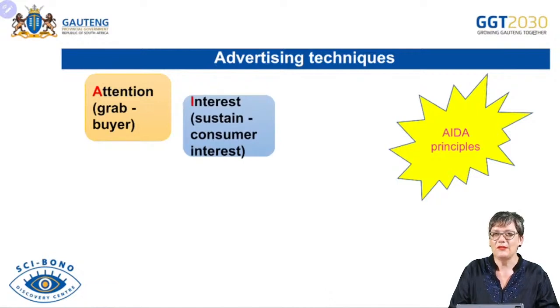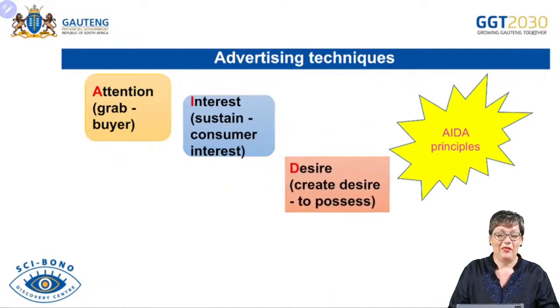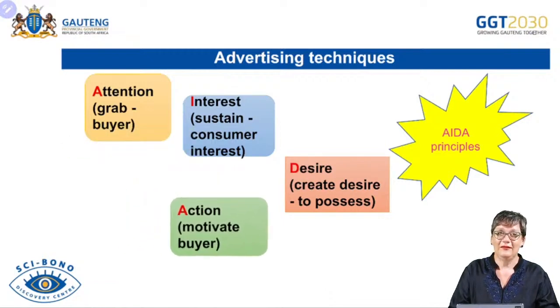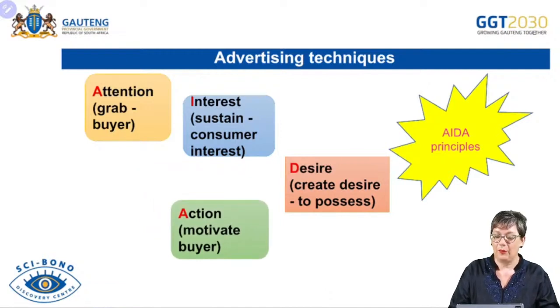This is the most important part. After they've grabbed your attention, they want you to keep on reading. Then they will create a desire, something that you have to have as a product. You might not really need it, but you would just love to have it. And obviously, they would like you to buy it, and this is where the action comes in. They want you to buy the product.